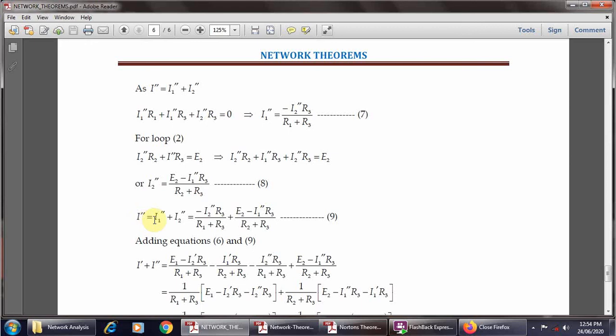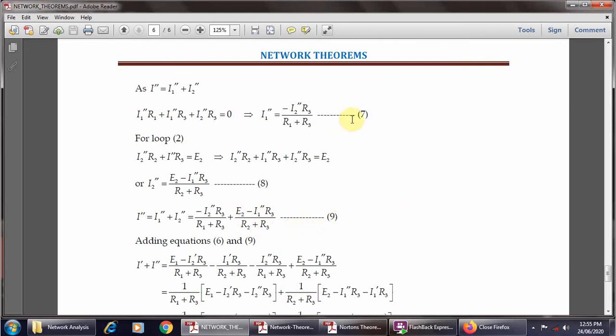Therefore I double dash is equal to I1 double dash plus I2 double dash. We substitute equations 7 and 8 in this equation: minus I2 double dash R3 upon R1 plus R3 plus E2 minus I1 double dash R3 upon R2 plus R3. This is equation number 9.